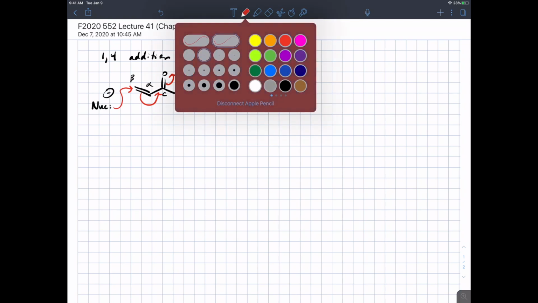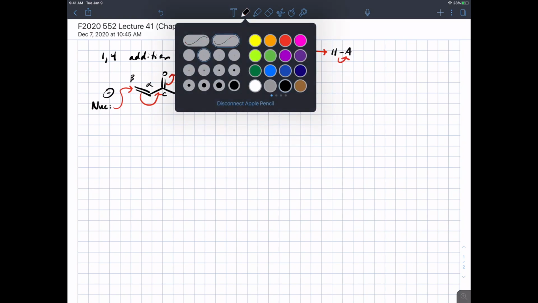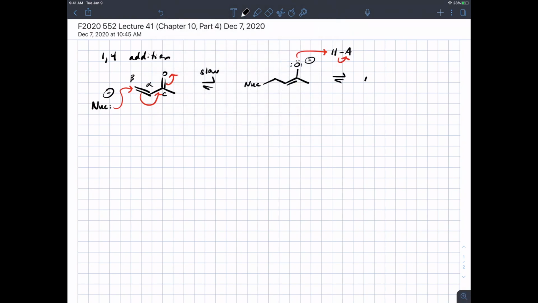So what likely happens here is that first you protonate the oxygen in your enolate, and then in a second step you tautomerize to the more stable ketone. And I won't show you how to push arrows. I think you already know how to do that. I just didn't know that it was faster to protonate on oxygen.